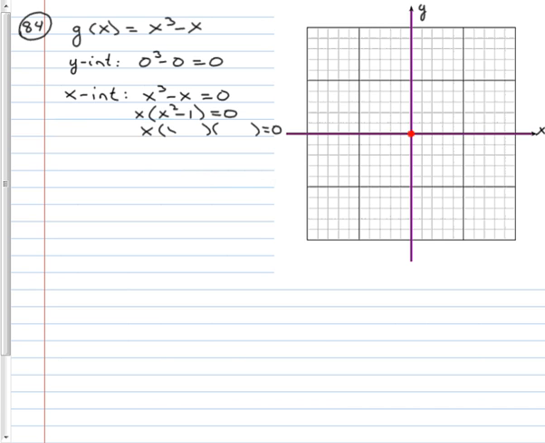Difference of squares. X plus 1, x minus 1. So what are all the values of x that would make this equal 0? 0, negative, and positive 1. Now it crosses the x-axis at 0, which we already have. It also crosses at positive 1 and negative 1.